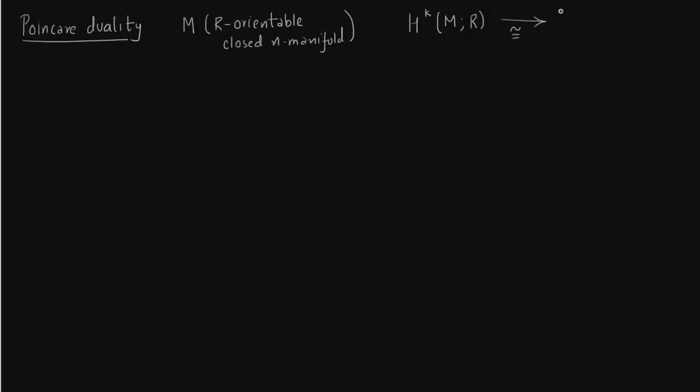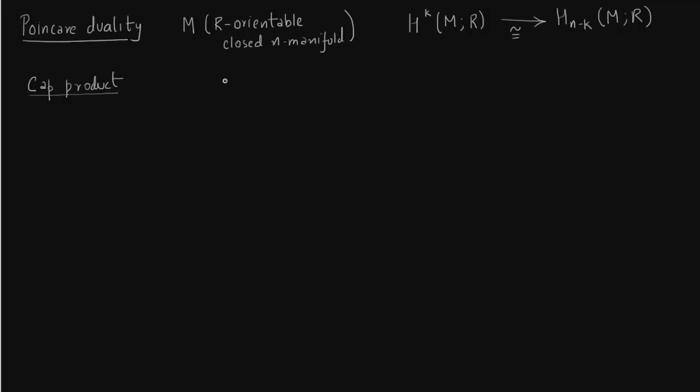Now, in order to establish this isomorphism, we have to talk about cap products. So we have to define something called cap product, but before we can do so, we will first recall what a cup product is.